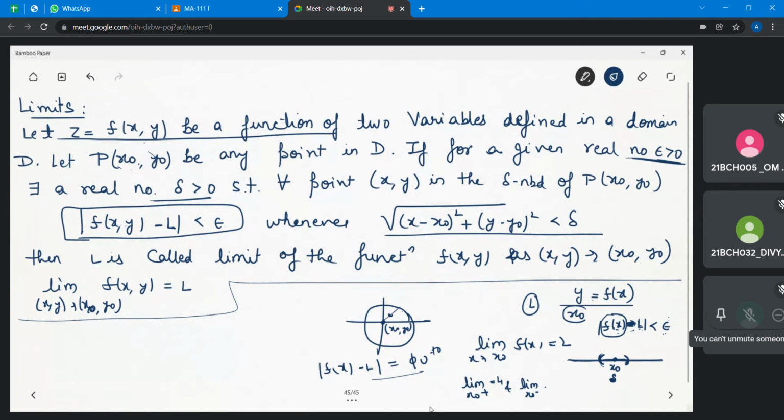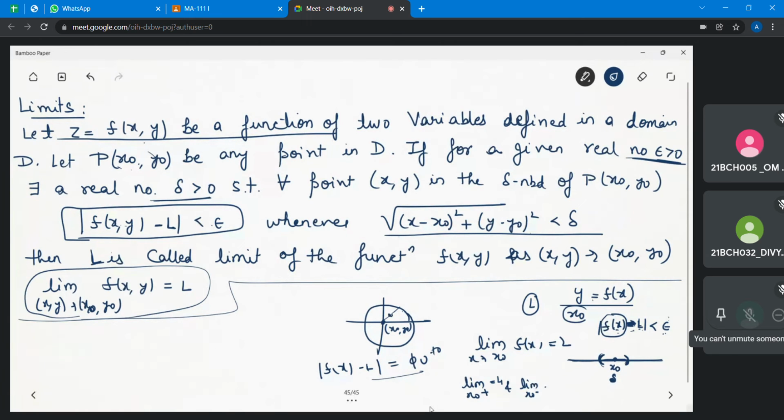If such an epsilon and delta exist such that this function is tending to L, means this quantity is very small, then we say that L is the limit of the function and is defined as this.